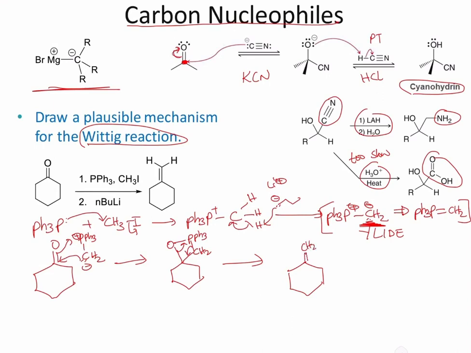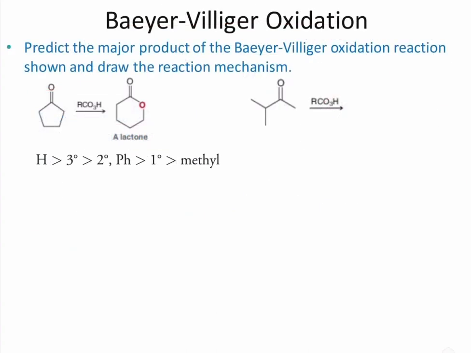So we have formed an alkene plus triphenylphosphine oxide. Okay.